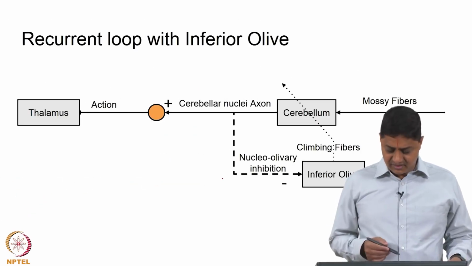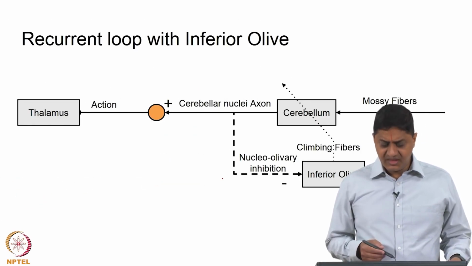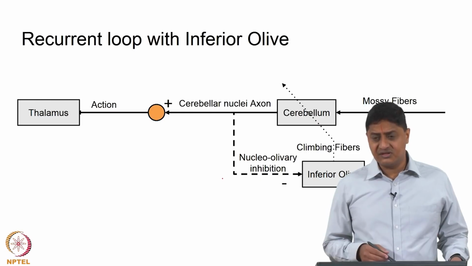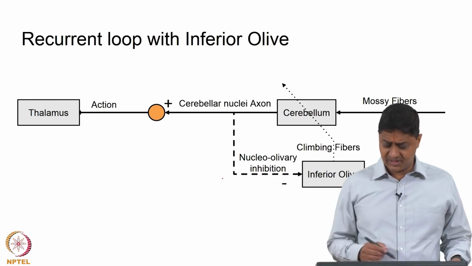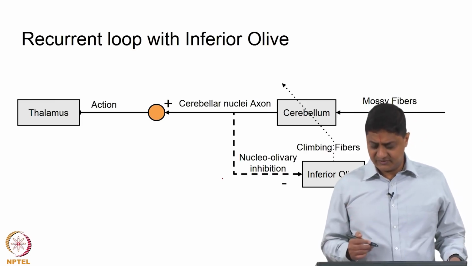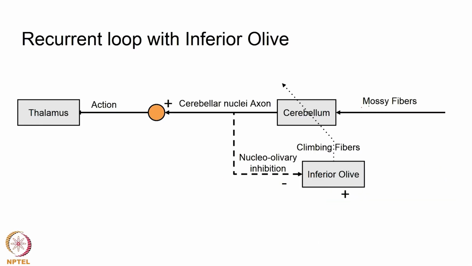Then the other recurrent loop is with the inferior olive. We have said this inferior olive is one of the powerful or primary sources of input. There are two major sources of input to the cerebellum. These are mossy fibers and climbing fibers.